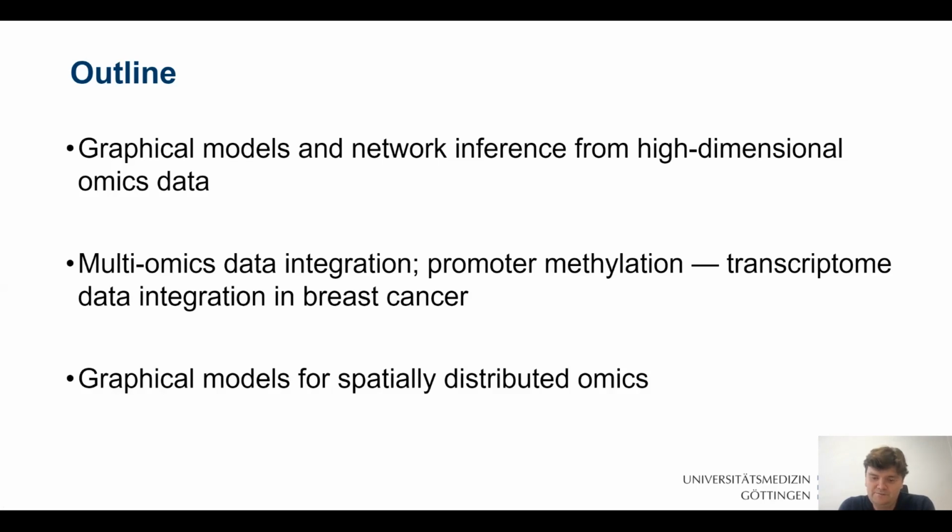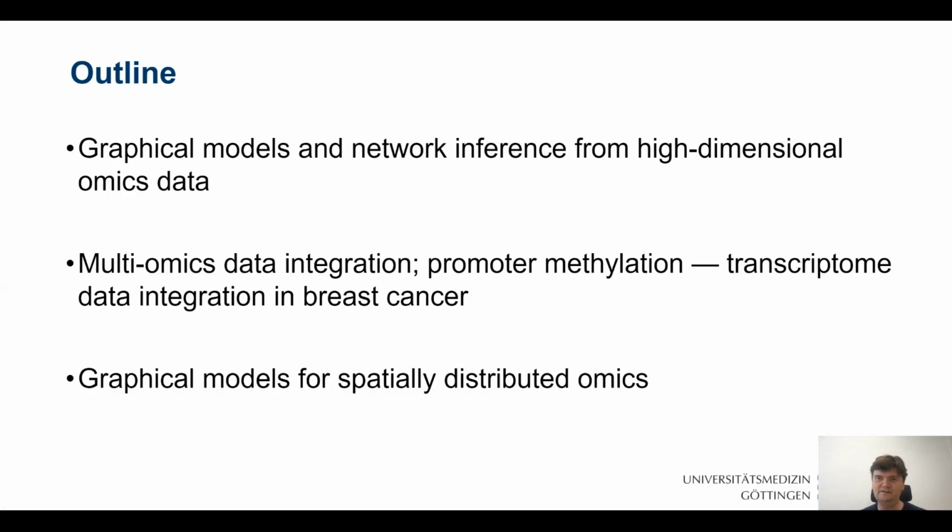I'd first like to make you familiar with the concept, how it works, and why we think it's at least a great concept which has multiple advantages compared to standard correlation-based approaches. And I particularly want to show you how this framework can be extended to the multi-omics context.